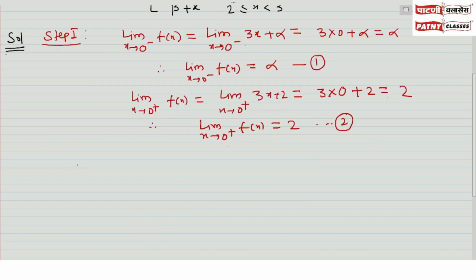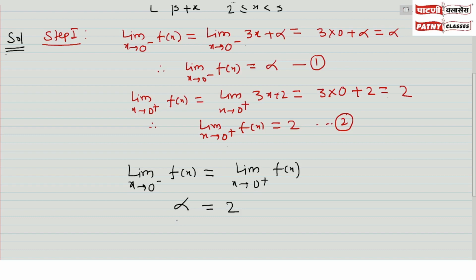Since the function is already continuous at x equals 0, limit x tending to 0 minus f of x equals limit x tending to 0 plus f of x. Writing their respective results from equation 1 and 2, we get alpha equals 2. So we got the first result, alpha equals 2.